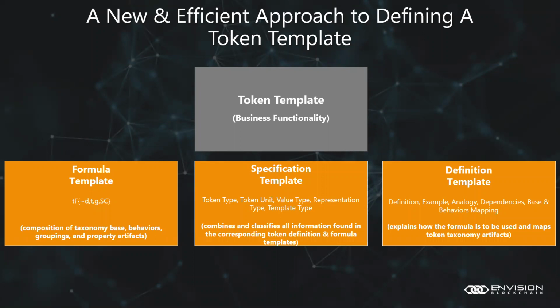And then, of course, from the previous screen, we began classifying tokens, and that's essentially where we add that into the specification template. So all three of these templates combined really allow us to get a full picture of what today's token template is, which is of course a representation of some sort of business functionality potentially, whether it's reference or has some sort of intrinsic value is to be determined.